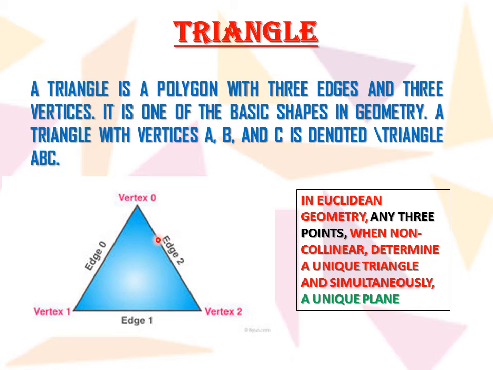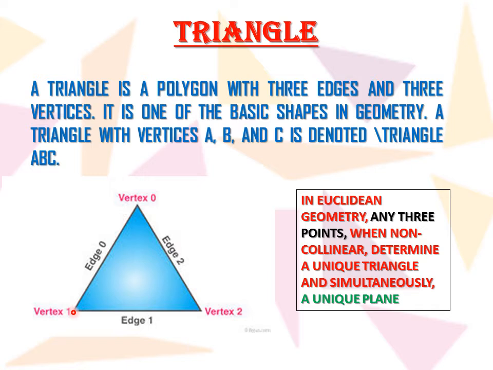If it is lying on this line, then it is called a collinear point. And if the point, like this vertex 1, is outside this edge, then it is non-collinear because it is not lying on this edge. So we have three non-collinear points, and from these we will have a unique triangle.